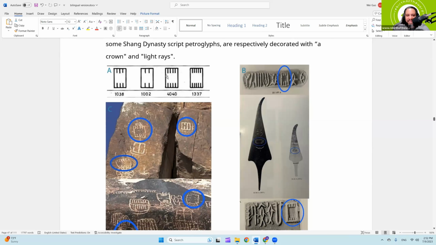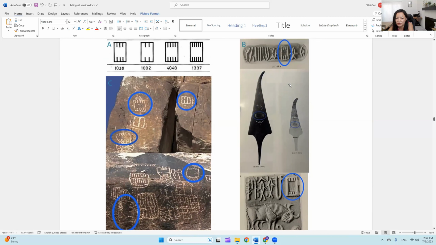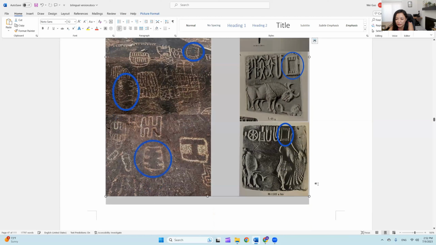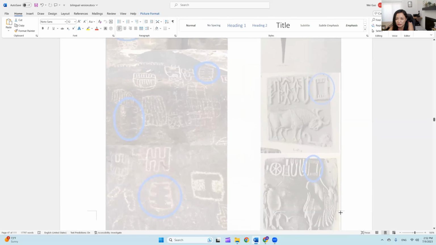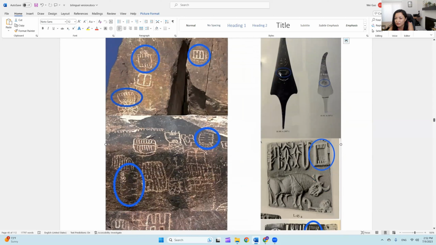This is the real one, the picture. I have to make it bigger so you can see clearly. You see, this one has 3 here, 3 here. This one, the same thing. You cannot see it clearly, but it's 3 here, 3 here.